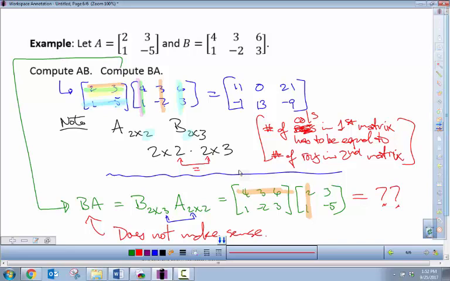So not only that, when we're taking a look at the one that did work, if the number of columns for the first matrix matches the number of rows for the second matrix, not only can you make it work, but you should also be able to anticipate the dimension of the new matrix. So the new dimension will be a 2 by 3.